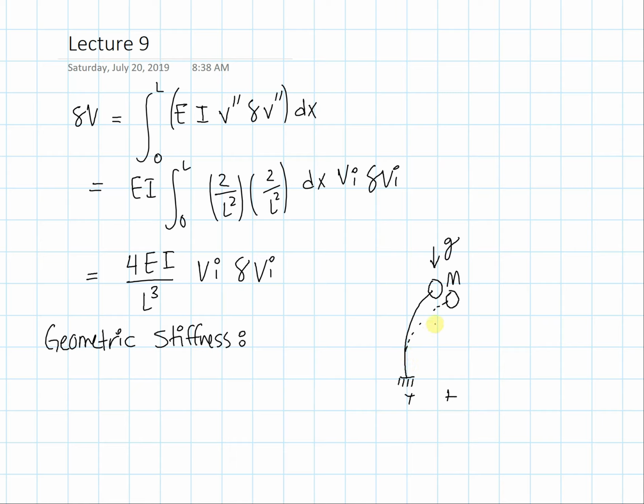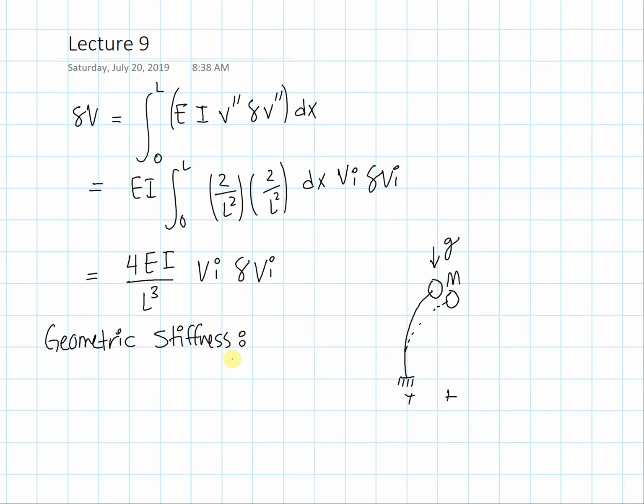And so what's really happening is that the mass and the gravity are reducing the stiffness of our column just because of the combined effect that they're having on the stiffness term for this column. And we call this geometric stiffness, and geometric stiffness tends to reduce actual stiffnesses of columns. And this holds true anytime you have columns that are very tall and slender and they are holding up big masses.